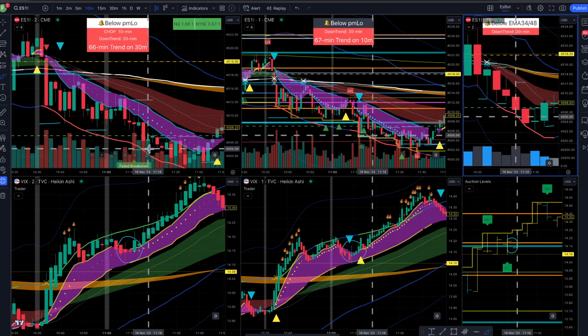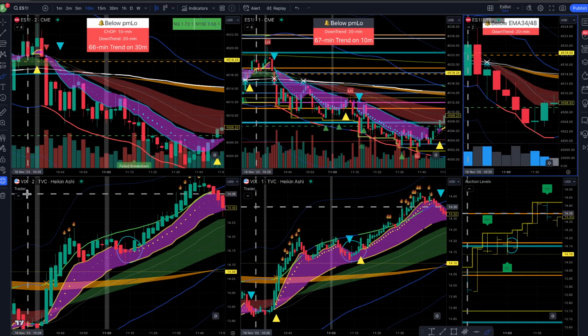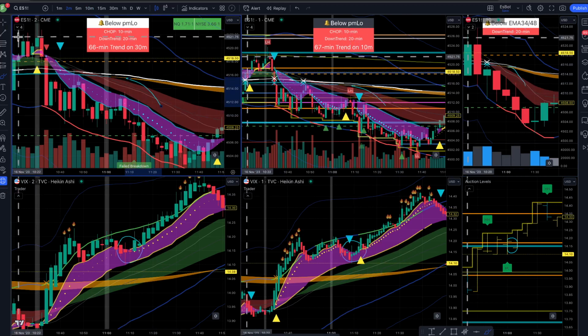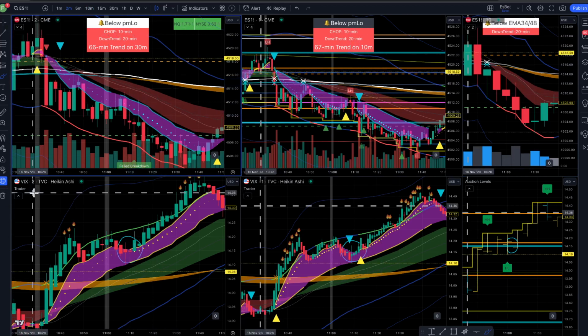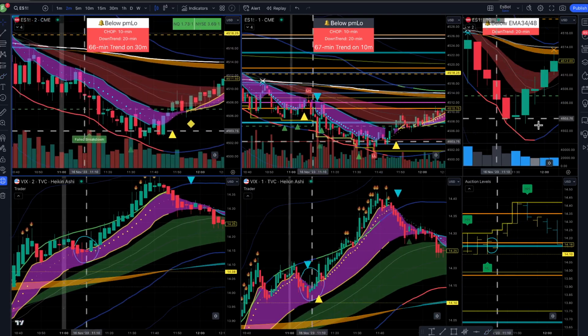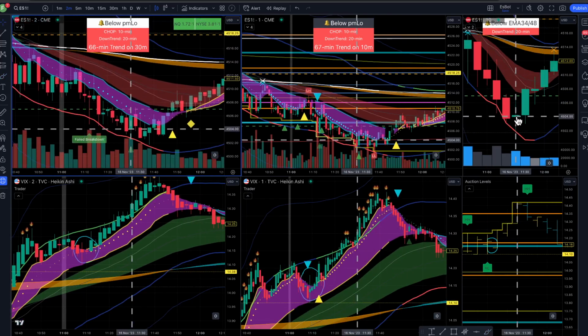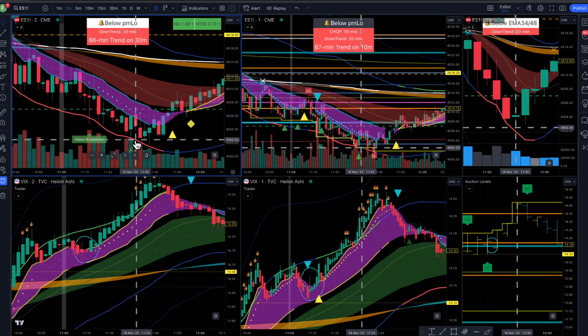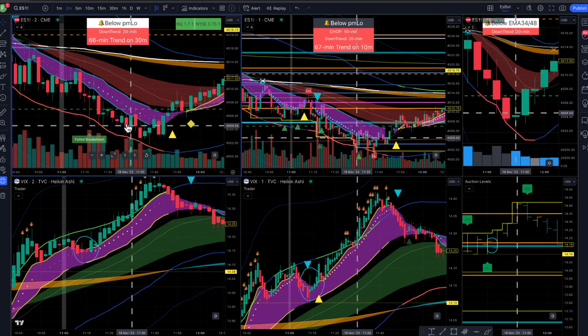So if you look at this, and you look at exactly here, we're at the sideways candle. It was over here where you could say, okay, now I have a sideways candle.